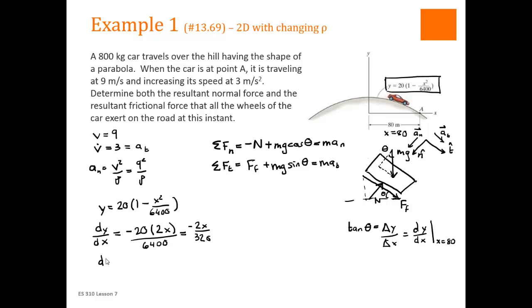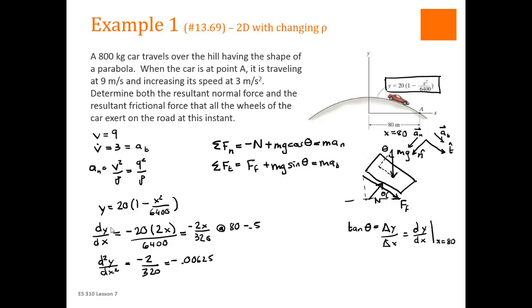And then the second derivative, d squared y over dx squared, is equal to, take the derivative again, negative 2 over 320. So everywhere, negative 2 over 320 is equal to negative 0.00625. At 80, which is the point we're interested in, dy/dx is equal to negative 0.5.